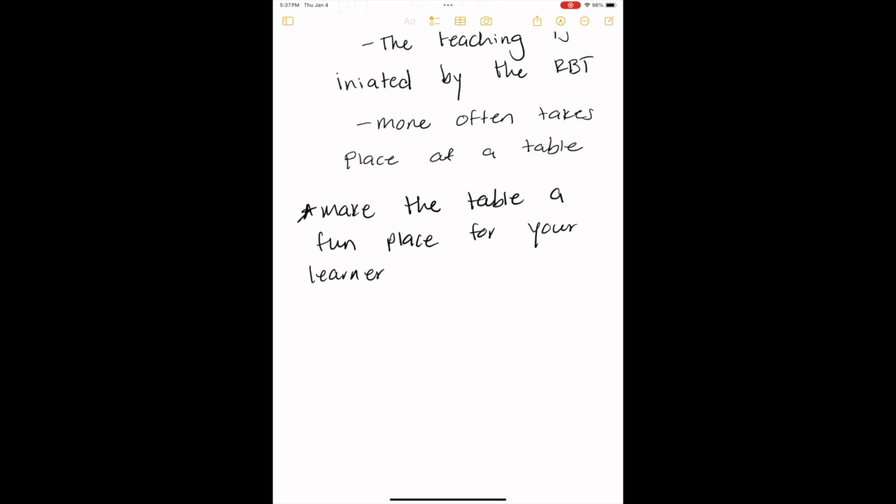So that would be one example of discrete trial training or teaching and how you would do it. That's just one thing. I mean, match to sample, you may have different colors. Let's say you have an array of 3 crayons, red, blue, and green.